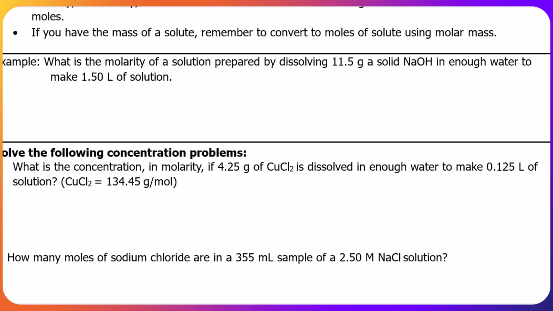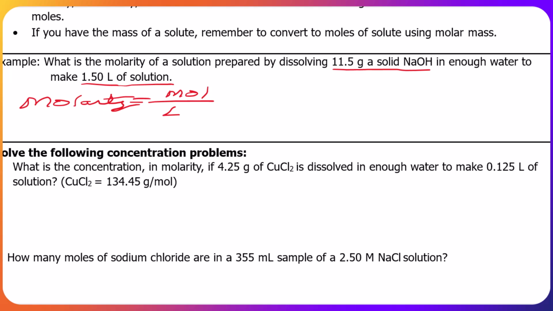You have 11.5 grams of a solid, sodium hydroxide, which is very soluble in water. If we're going to convert this to moles per liter, which is molarity, we need moles, and then we're going to divide by liters. And we've got 1.5 liters of solution.